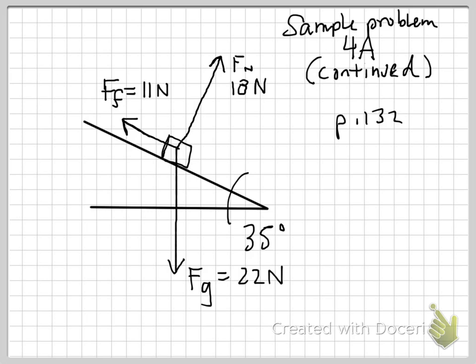So, with the x-axis tilted to be parallel to the surface of the table, the force of friction lines up directly on the axis. The normal force lines up directly on the y-axis. So neither of those have to be resolved into their components.